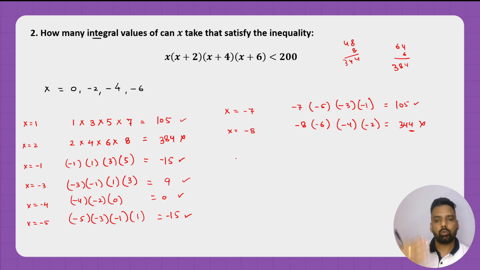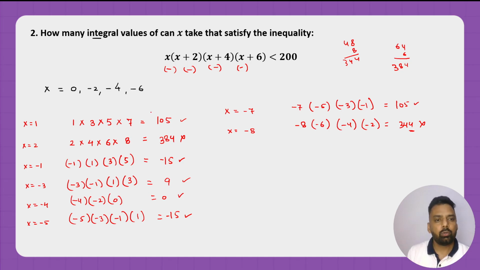So at x equal to minus 9, minus 10, minus 11, or whatever value less than minus 8 you take, that value will give you a positive answer. Why? Because I will be getting 4 negatives. If they are multiplied together, the magnitude will be more than 200, but the sign will be positive. If the sign were negative, then that would be the acceptable value.